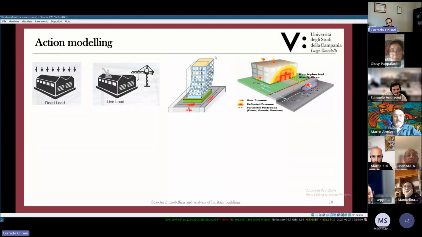And just a note, we have a large uncertainty in the representation of the loads. Think of the live load. On a building, we can have one person, we can have 20 people, and this may change in the day, in the week, in the whole life of the structure.